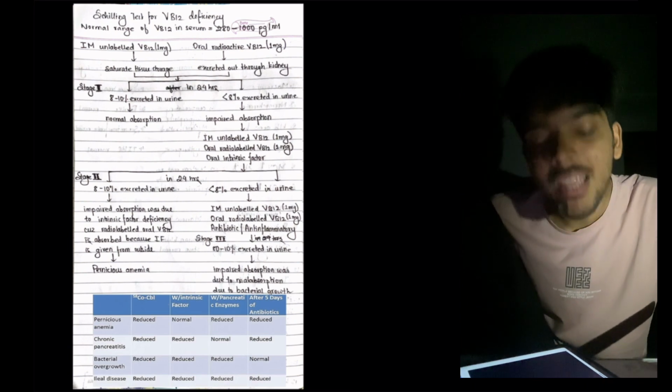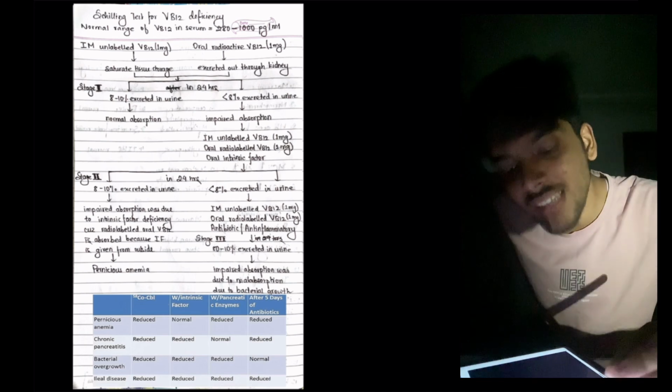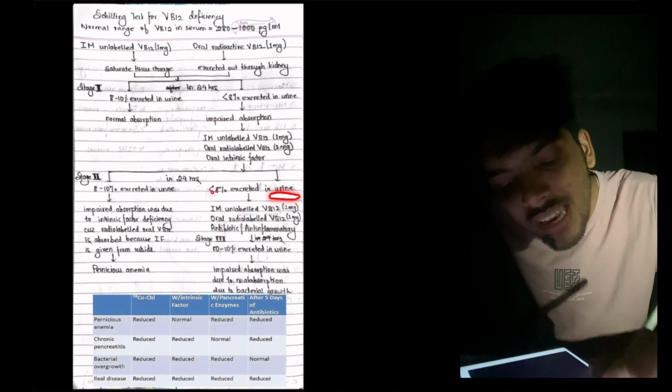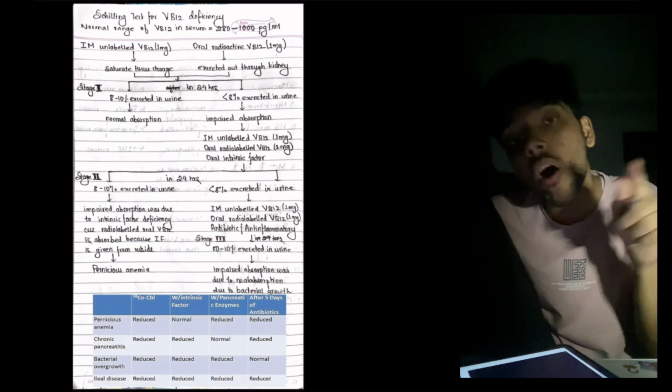This shows that impaired absorption was taking place due to lack of intrinsic factor. But then let's say still, even after taking intrinsic factor, urine contains less than 8% of vitamin B12. That means the malabsorption was not taking place due to lack of intrinsic factor. It is taking place due to some other reason.